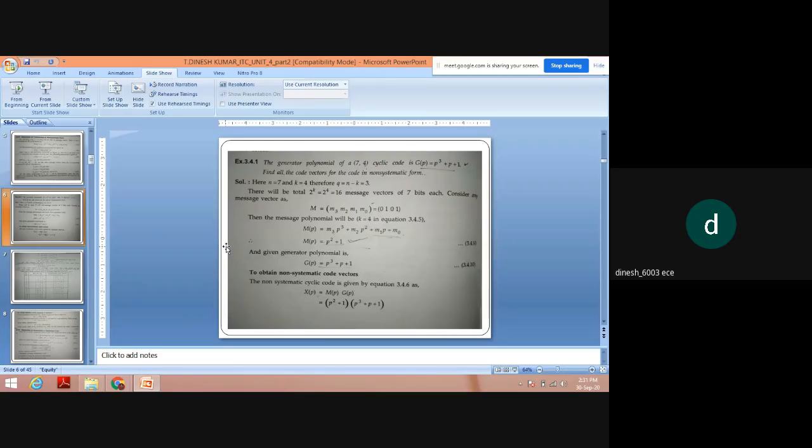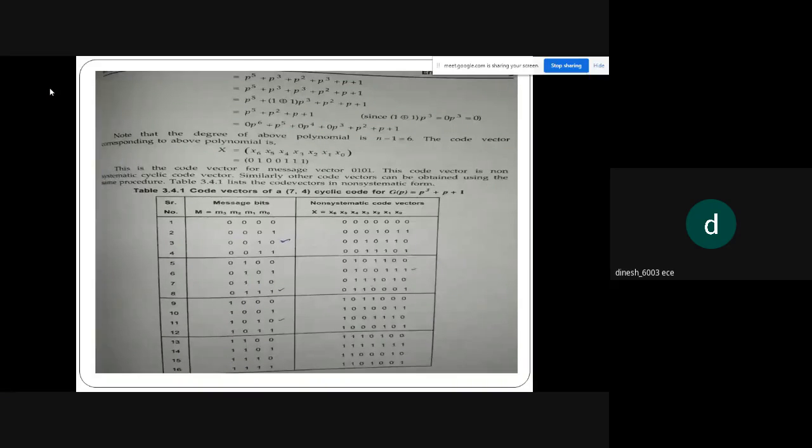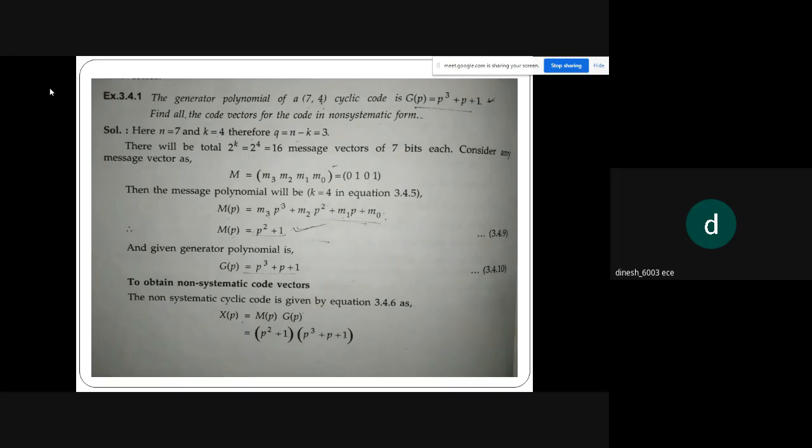Okay. Now we had obtained M of P. We had obtained G of P. Now see, M of P is P square plus 1. G of P is P cube plus P plus 1. Simply do multiplication.